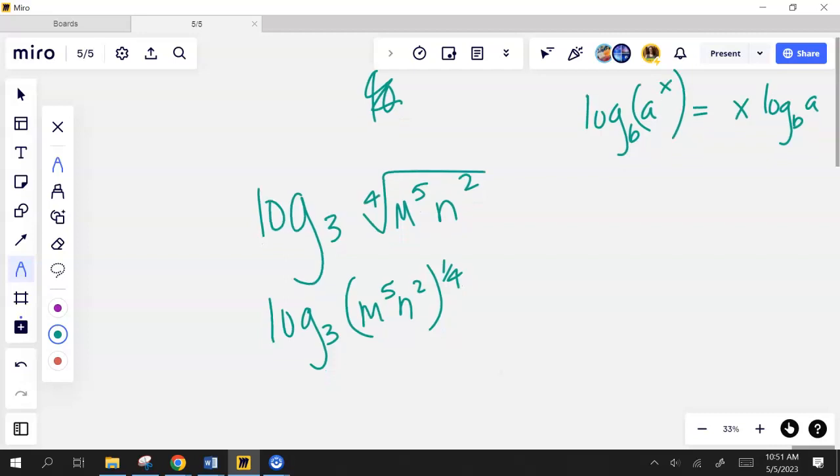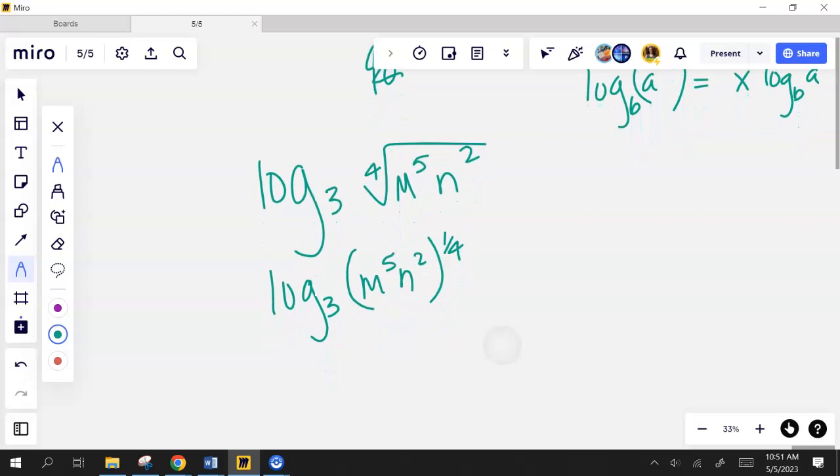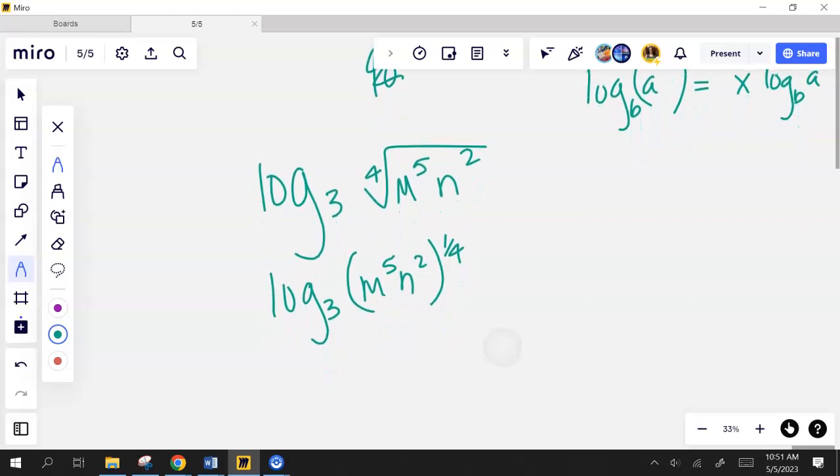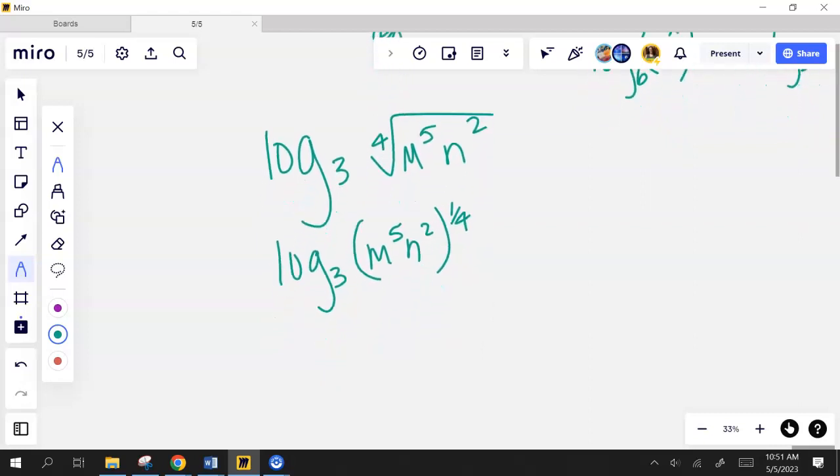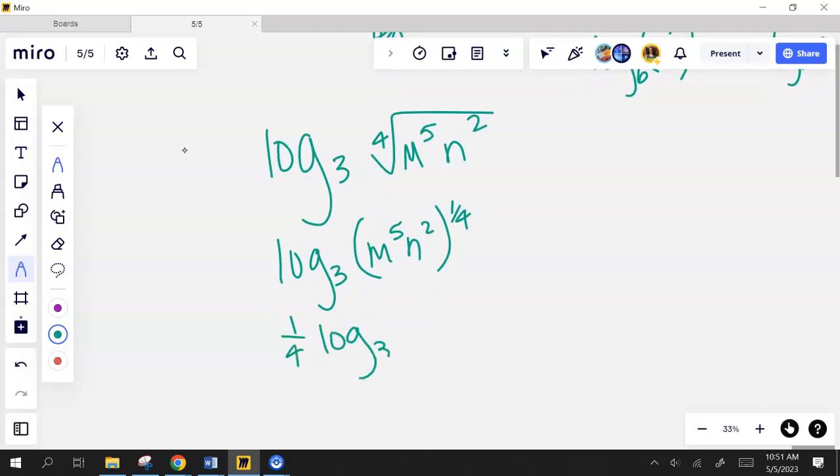So what do y'all want to do? You want to take the 1/4 around front now, or do you want to distribute it inside first? Okay. So 1/4 log base 3 of m^5 n^2.